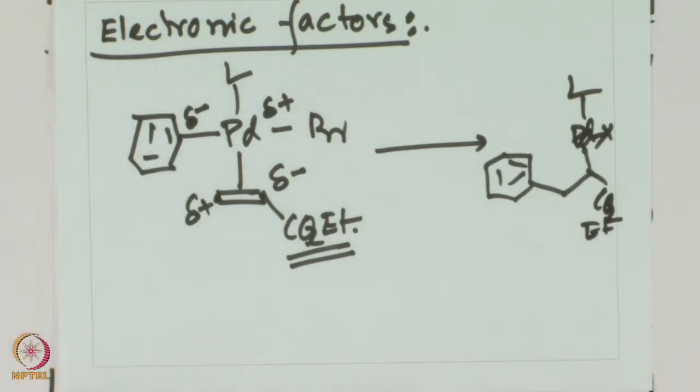Okay. So, that is both the electronic factor we have seen and the steric factor we have seen during the Heck reaction. Now, another factor that comes into the picture: what happens when the beta hydride elimination is happening, how the regiochemistry or the cis and trans product formation, not only the positioning, where regiochemistry, but the stereochemistry is also important, where this substituent is interacting or where it is entering.